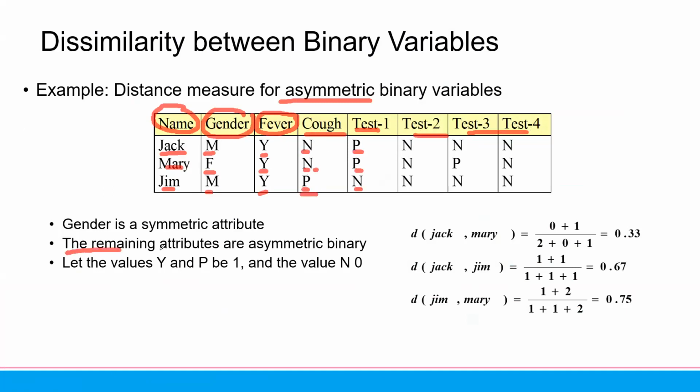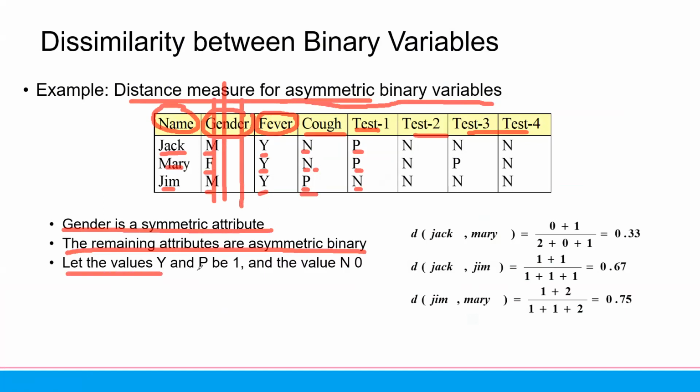The remaining attributes are asymmetric binary. Gender is a symmetric attribute, so we can just remove it. We want to measure the asymmetric binary variables. So let Y and P equal 1, and N equal 0.